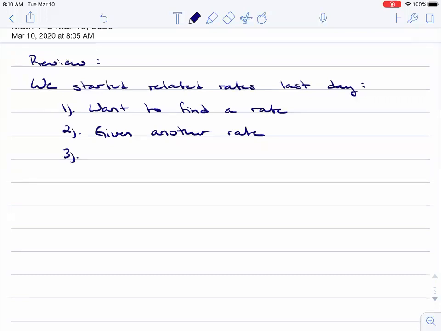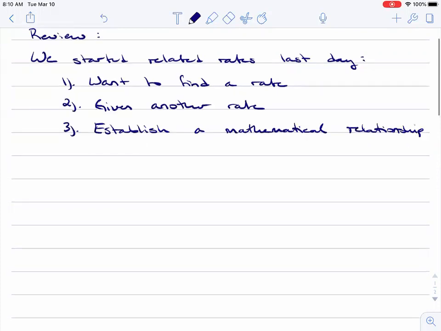And so what we do is we establish a mathematical relationship between the quantities in the given and the desired rates.